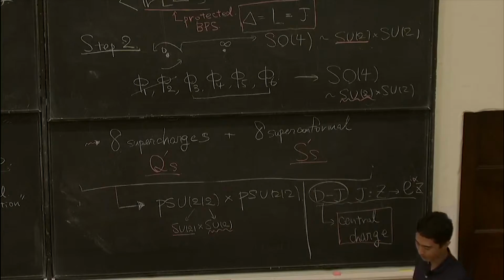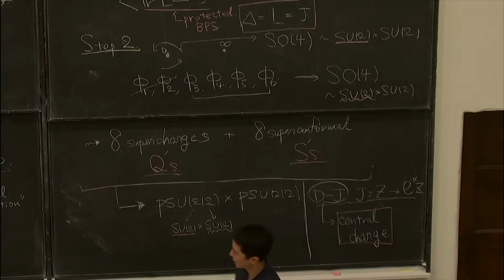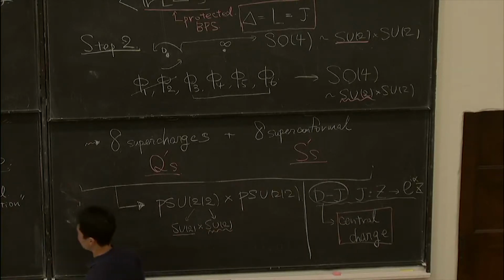So this is everything that you can conclude just by looking at the global symmetry of the problem. And so this is the end of step 2. Now I'm going to move to step 3, which is to use this symmetry group to classify the internal motion.